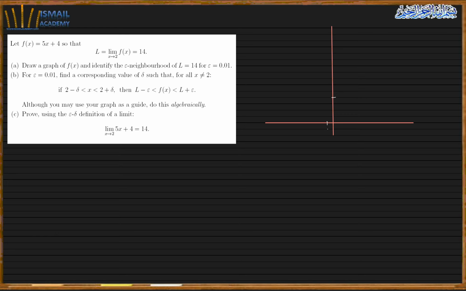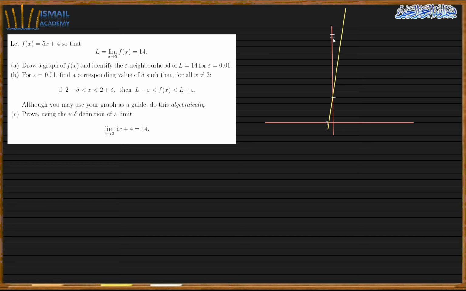So now my line is going to be this. This is my line. Alright, now let's find out where it's 14. This is 4, 5, 6, 7, 8, 9, 10, 11, 12, 13, 14, so it's here. So I'm going to define the neighborhood, and I assume that this is epsilon.